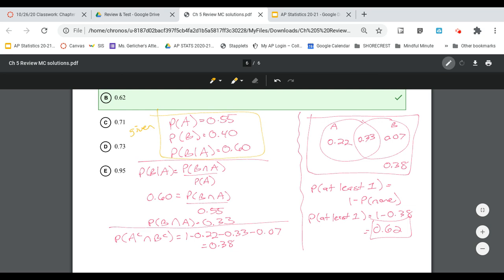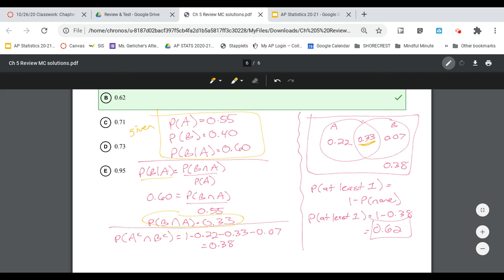I know what A and B are, but I don't know how much of that overlaps inside the Venn diagram. I need more information here. So I used what they gave me. They gave me the probability of B given A. So I used my formula for that, plugged in what I knew, and I was able to find the probability of B and A. So that's the middle part of my Venn diagram, the football part of my Venn diagram.